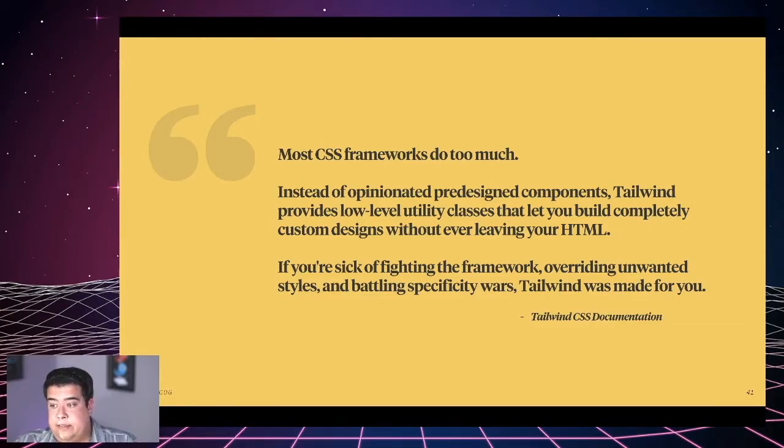Tailwind provides low-level utility classes that let you build completely custom designs without ever leaving your HTML. That's the selling point right there. If you're sick of fighting the framework, overriding unwanted styles, and battling specificity wars, Tailwind was made for you.